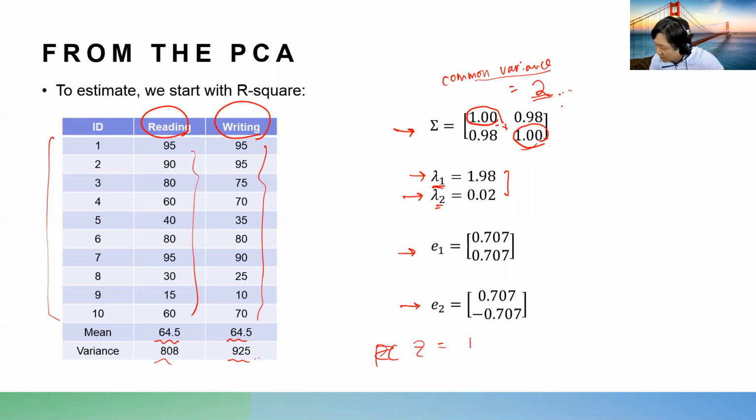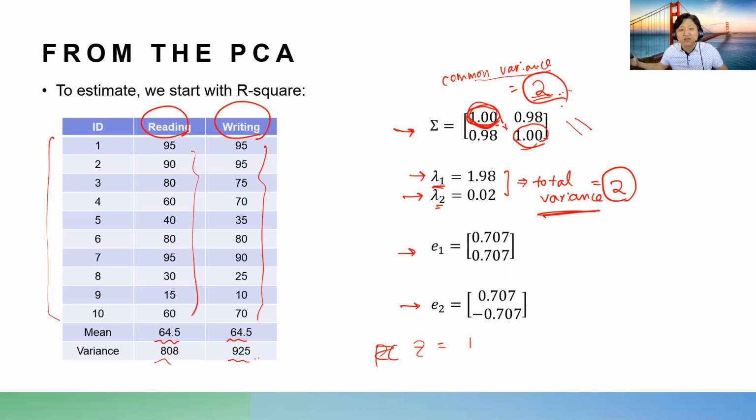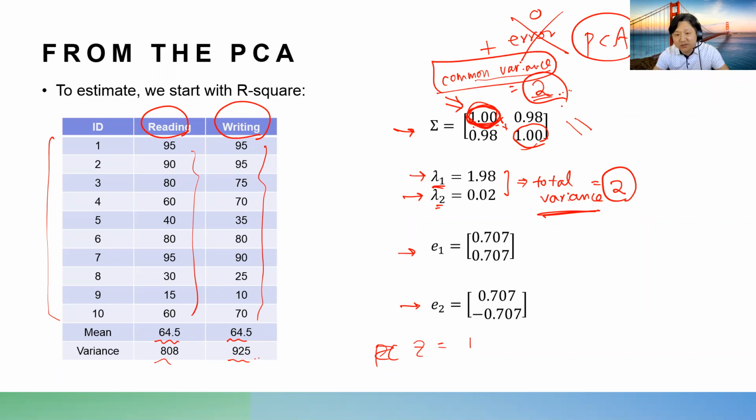If I add these two variances, that is the common variance, which is 2. And if I add the two eigenvalues, this is the total variance, which is also 2. So my total variance is equal to the common variance, because the variance of my correlation matrix is 1, so all the information is used. This is PCA. In PCA, the total variance is equal to the common variance, because total variance is common variance plus error variance, but the error is 0, so everything is common variance.